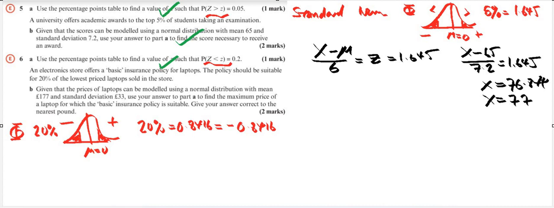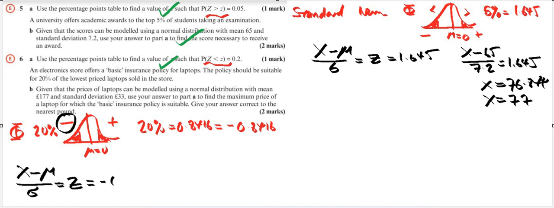An electronic store offers a basic insurance policy. The policy is suitable for 20% of the lowest priced laptops. So now that means we're looking at our negative part. Given the price of laptops is modeled using a normal distribution with a mean of 177, again, this means we're going to standardize. So it's x minus the mean divided by standard deviation equals z. We found z.